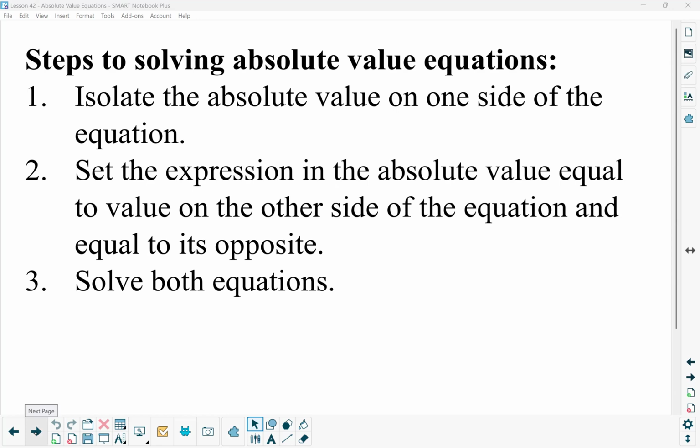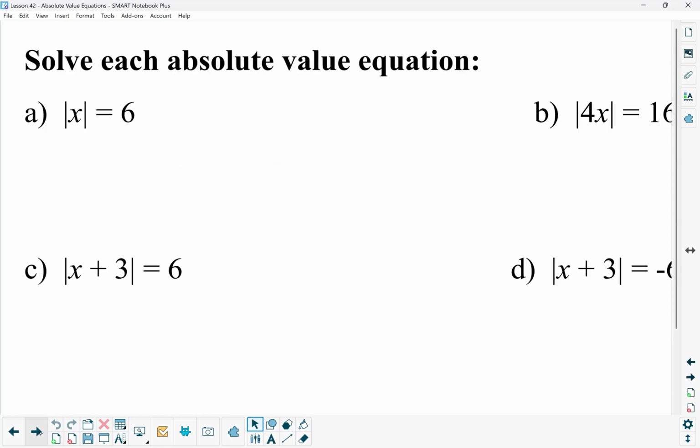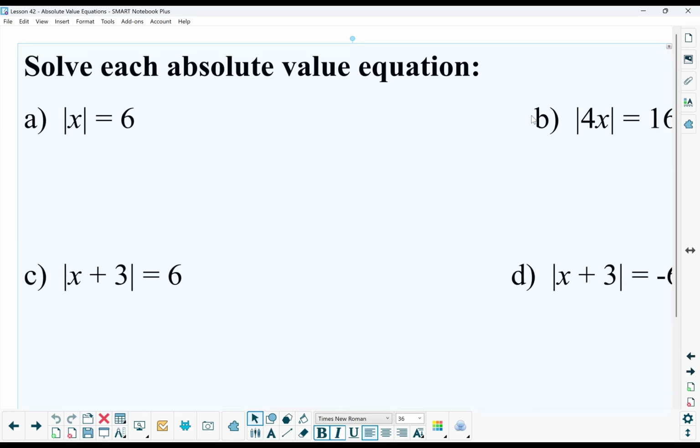It's going to look something like this. The absolute value of x equals 6. Here, the absolute value is by itself. So all we have to do is set that absolute value equal to 6 and the opposite of 6.